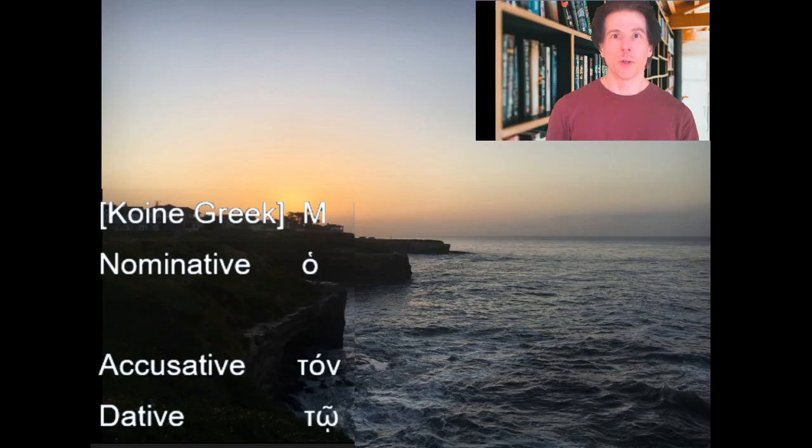And with Greek nouns and adjectives, they have gender, which is just grammatical: is it masculine, feminine, or neuter. They have the case ending, which we're going over just now. And then they're going to have number, in other words, singular or plural.